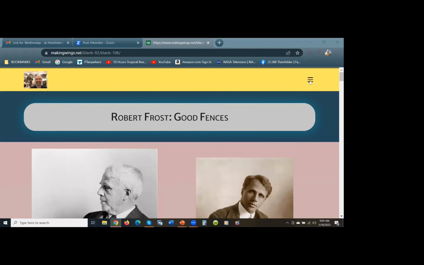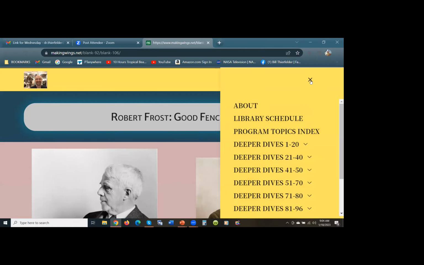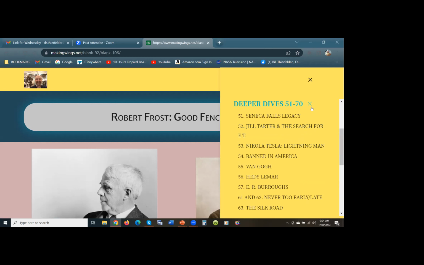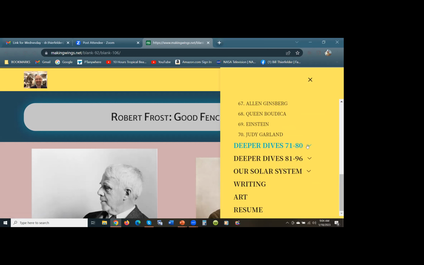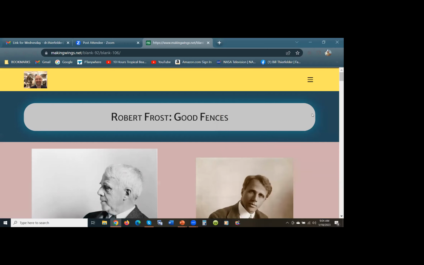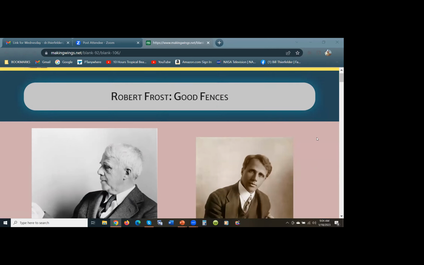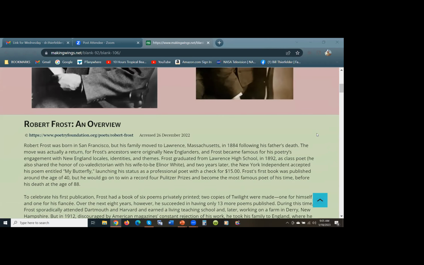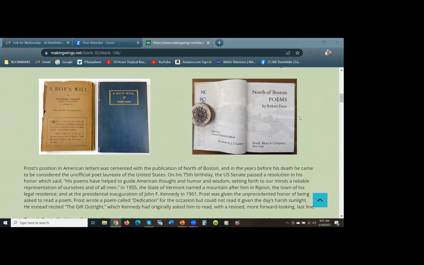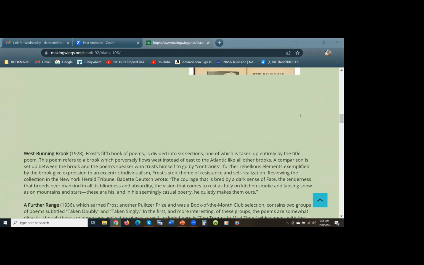So once again, if you go to the hamburger menu in the upper right corner, it's number 75. And you would be brought to Robert Frost, and this is what you see. And what you will find there, besides a couple pictures, you'll see an overview of Frost's life.